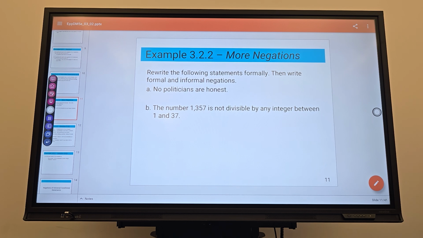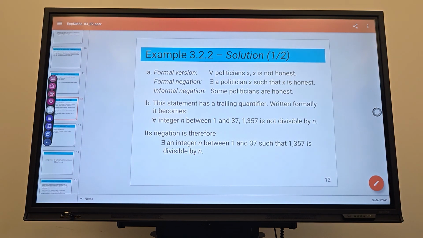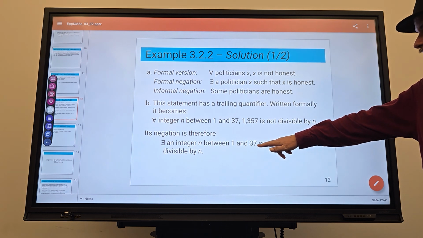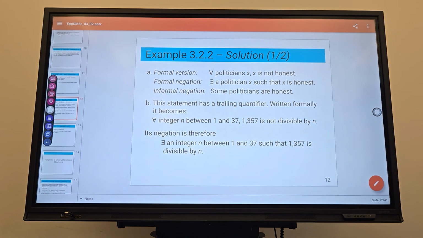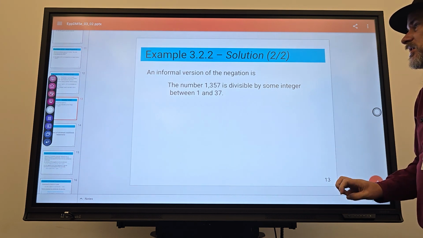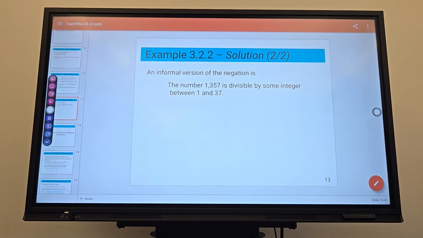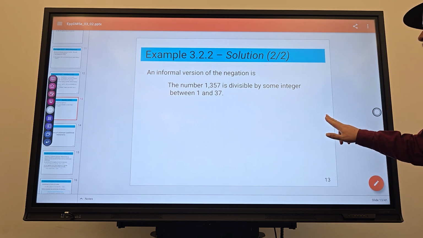That would be a good negation of it. Yeah. A formal negation: there exists an integer n between 1 and 37, such that 1357 is divisible by n. Informally, the number 1357 is divisible by some integer between 1 and 37.